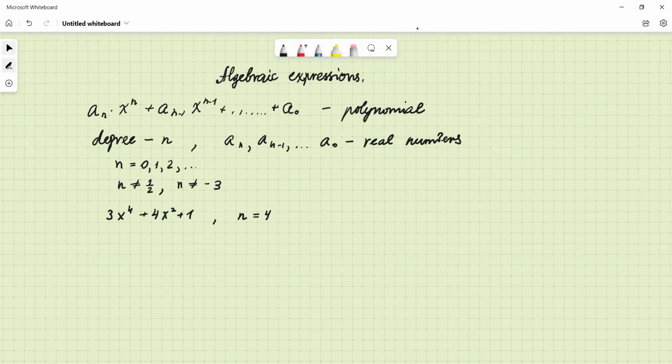What can we do with polynomials? Well, we can add polynomials, subtract, multiply them and divide. We are going to do addition, subtraction, multiplication in this lecture, and division a little bit later when we study polynomials deeper. So right now I'm going to subtract 2 polynomials.